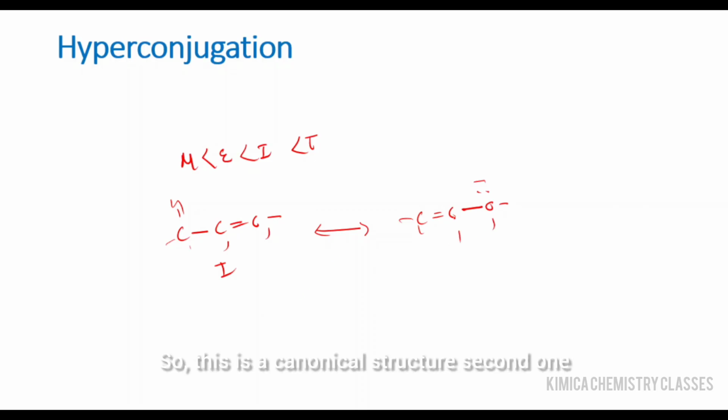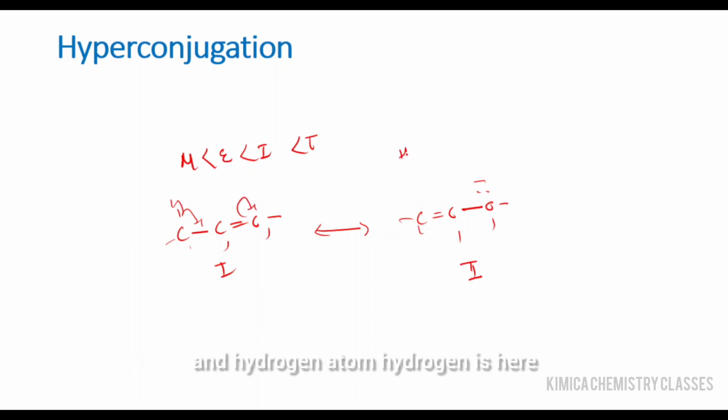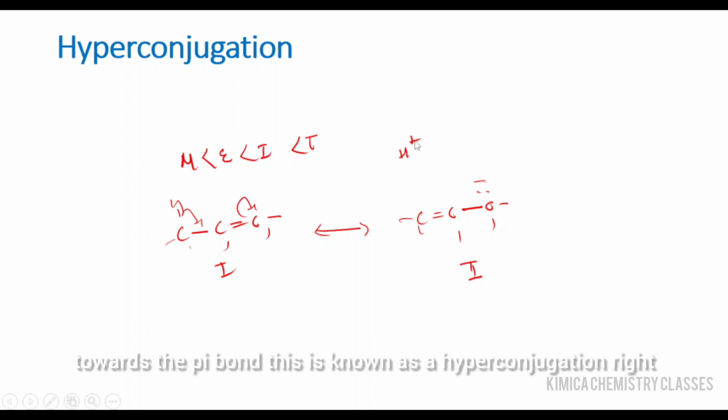So this is a canonical structure, the second one, and there is no bond at all between the carbon and hydrogen atom. Hydrogen is here. So this type of displacement of sigma electrons towards a pi bond is known as hyperconjugation, right? So this is all about hyperconjugation, resonance effect, inductive effect, electromeric effect. Thank you.